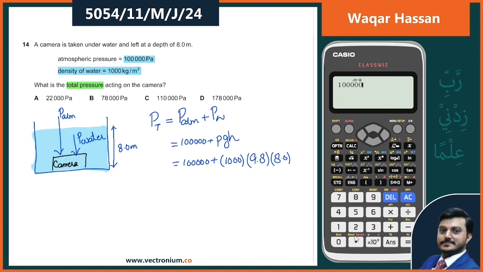So 100,000 plus 1000 times 9.8 times 8.0. And the answer is 178,400 pascals, which can be rounded off to 178,000 pascal. So the correct answer is option D.